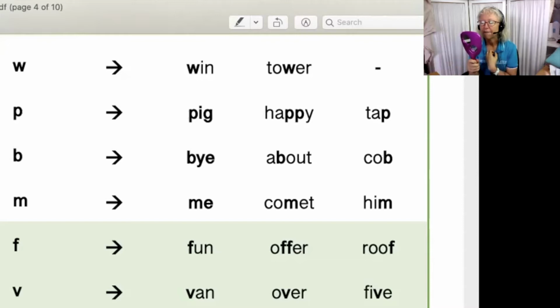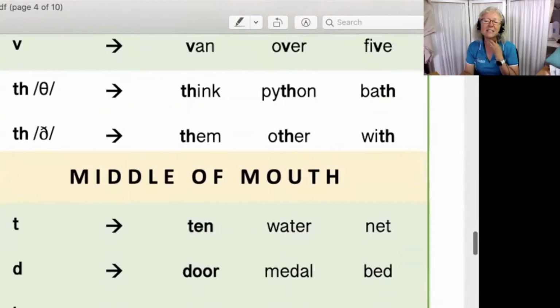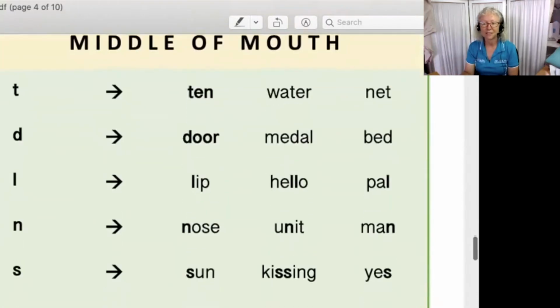And then do fun, offer, roof, and then v. That's teeth and lip too, but now it's voiced. Van, over, five. And just start working your way down until you've done all of those sounds, and just be thinking about what you can see and what you can hear, what you can feel in your voice.